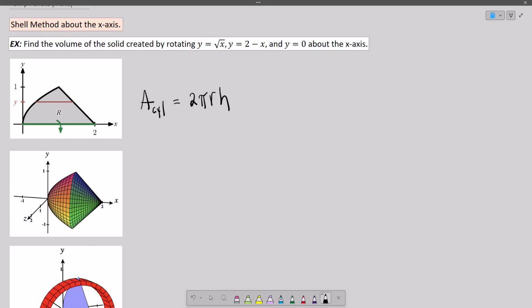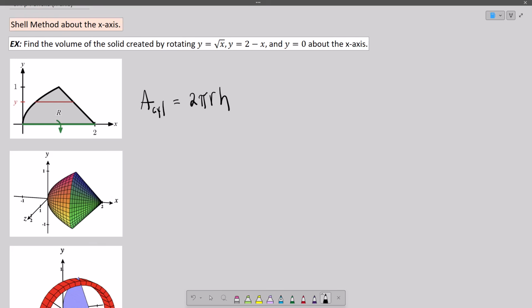Are we going to integrate with respect to x or with respect to y? How thick is that rectangle? dy. It's horizontal, so its thickness is dy, so we integrate with respect to y.